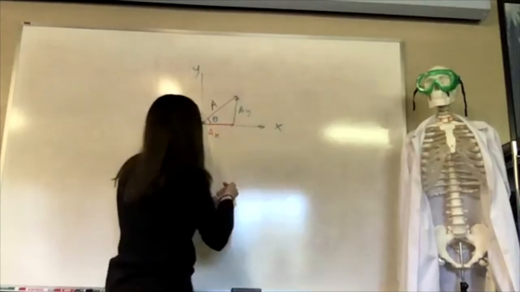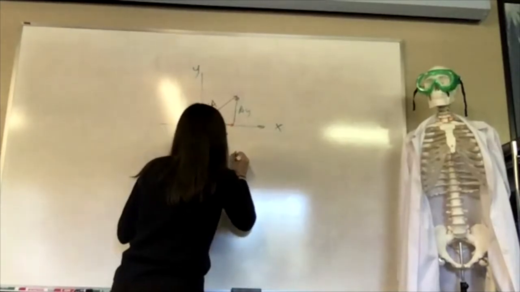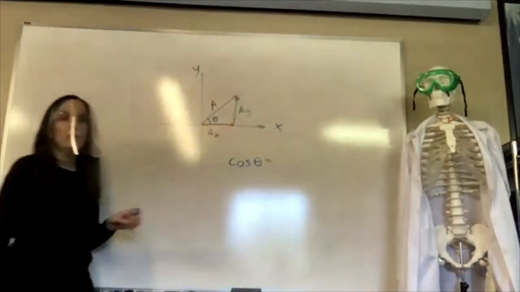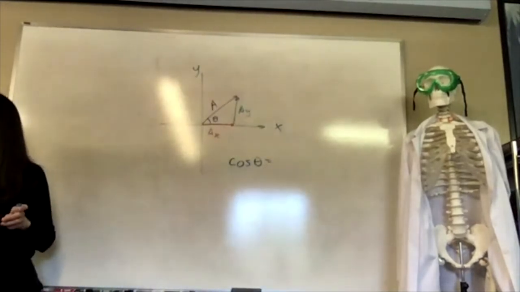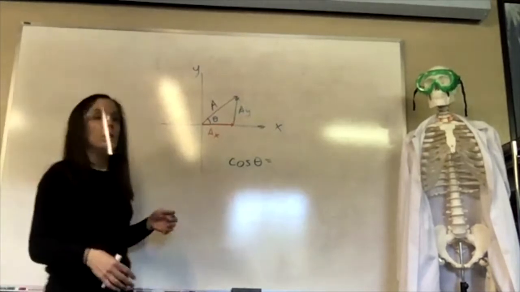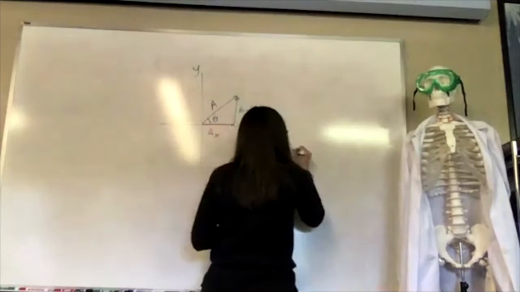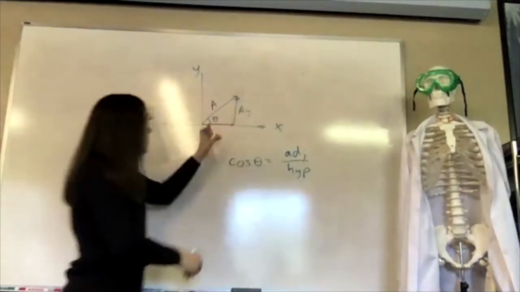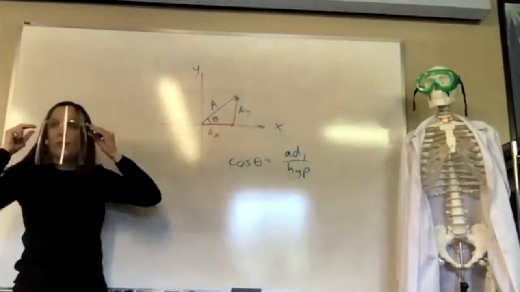How can we solve this? Well, let's think about what cosine is and what sine is. Cosine of theta equals what? In terms of the triangle sides. Yeah, Lauren? Right, so adjacent over hypotenuse. So in terms of these sides, what would that be?